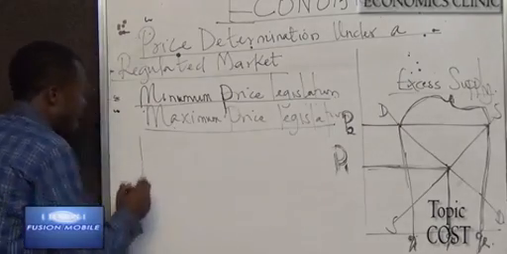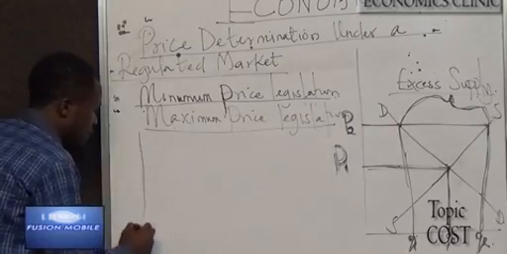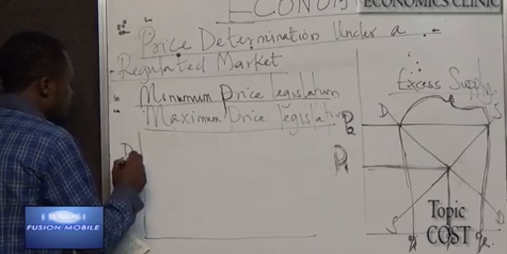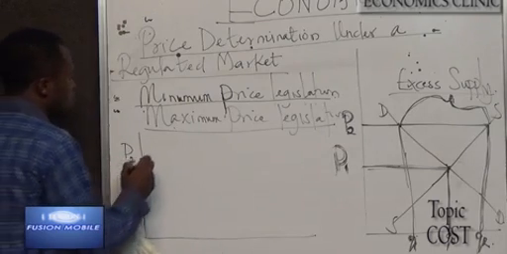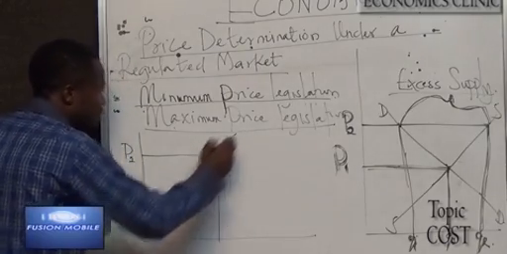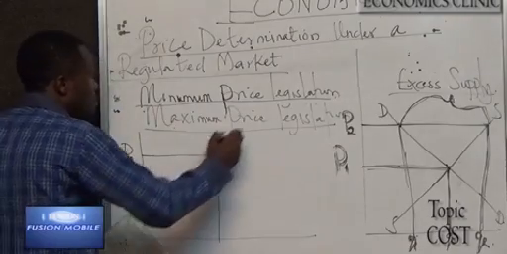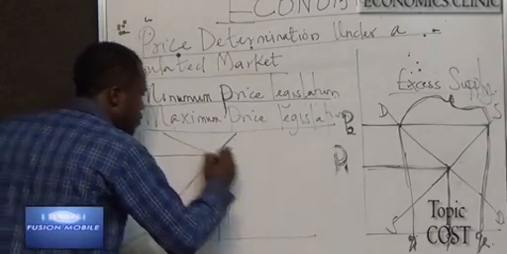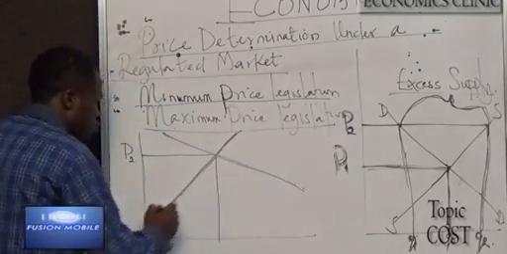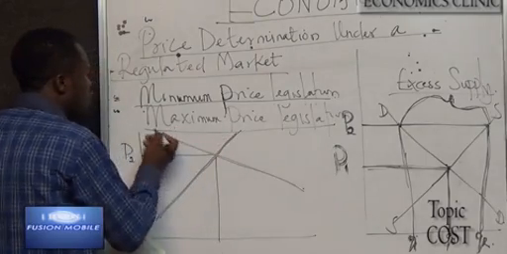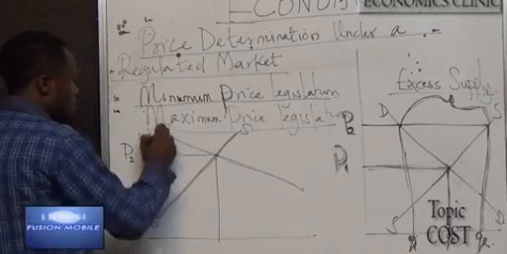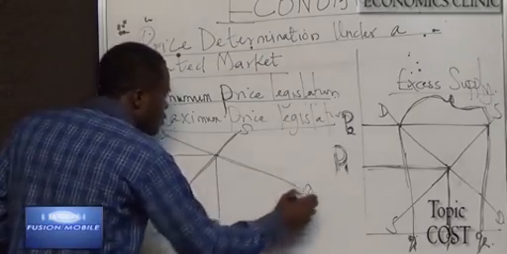This can be better explained using a graph where we have price P2 showing the original market price, showing the normal equilibrium position, supply, demand.